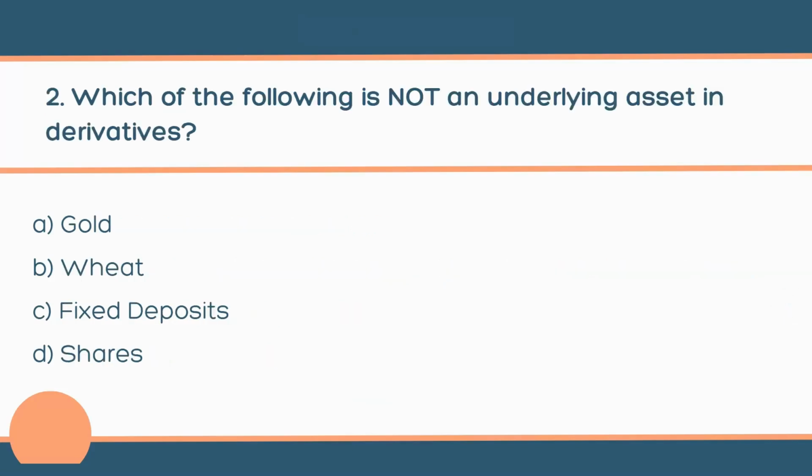Which of the following is not an underlying asset in derivatives? FDs are banking products and don't trade in the derivatives market. Derivatives usually involve volatile assets. So the answer is fixed deposit.